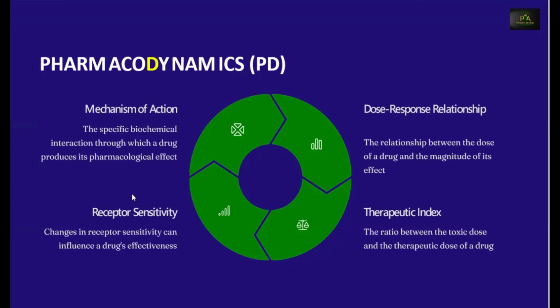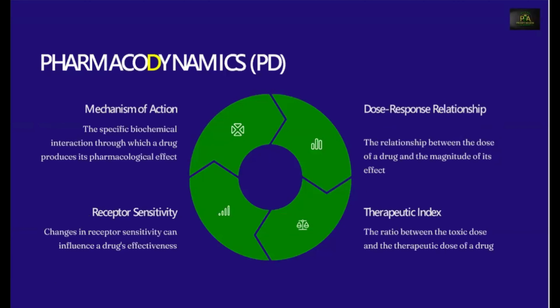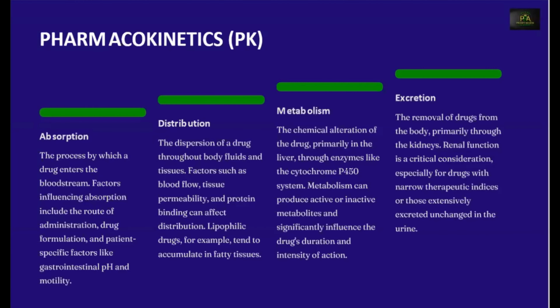Whereas pharmacokinetics is what the body does to the drug. So these are the examples: absorption, distribution, metabolism, excretion. But what you need to know here is the definition. Pharmacodynamics, what the drug does to the body. Pharmacokinetics, what the body does to the drug.